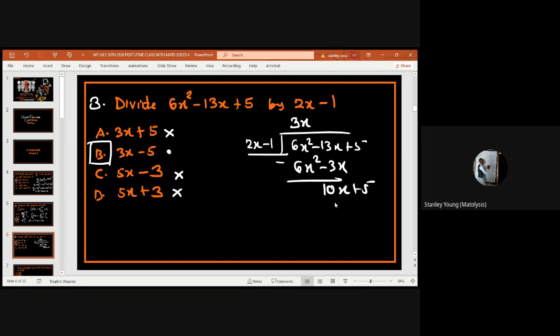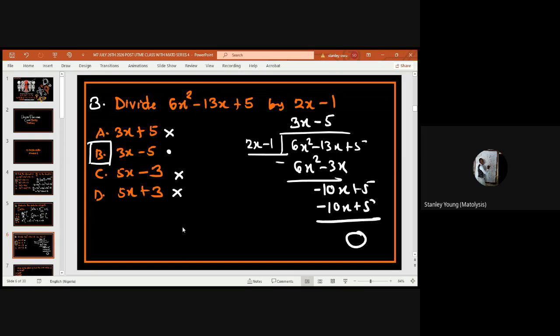So 2x and 10x. 10x over 2x gives you 5. Why did I write 10x there? It's minus 10x, so we have minus 5. This times this will give us 10x plus 5. We now have 0.